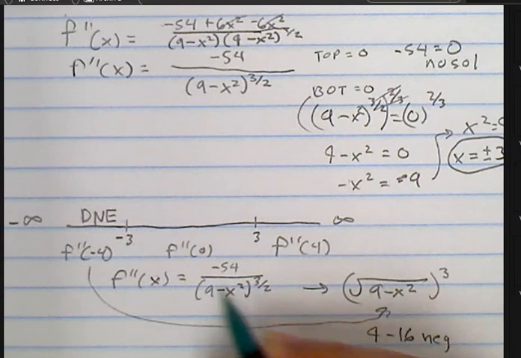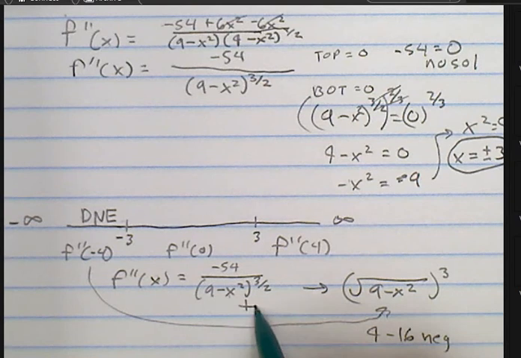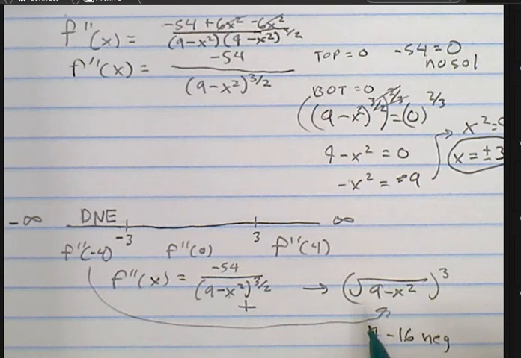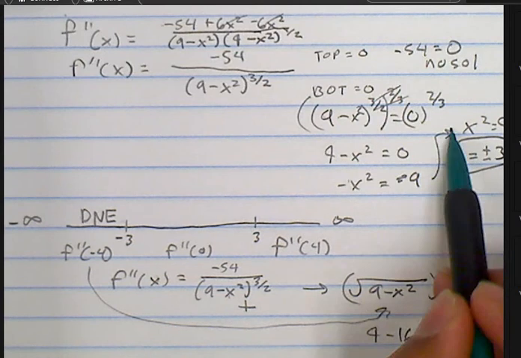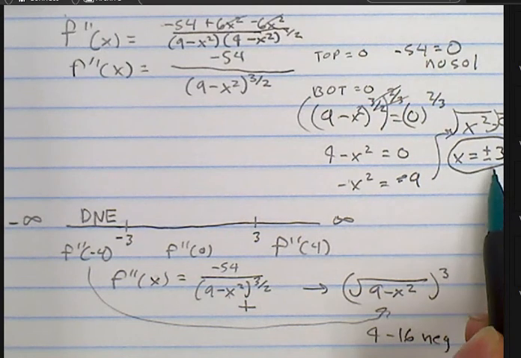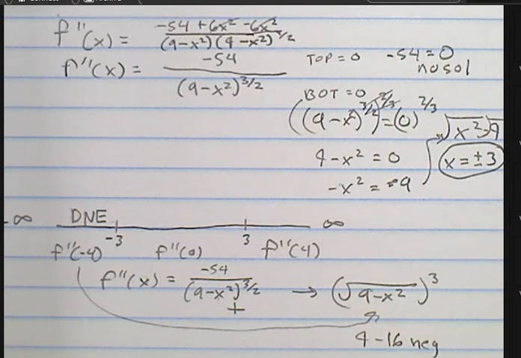I plug in 0 into x. This is always going to be positive because of the square root. When you're evaluating square roots, they're always positive. When you're solving for square roots, you get a positive and a negative. Okay? So this is a different situation.